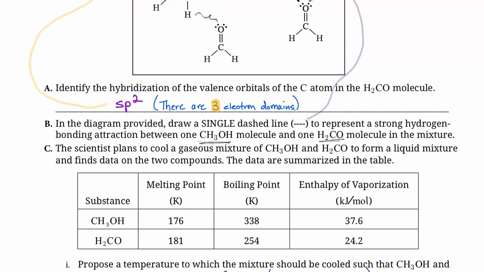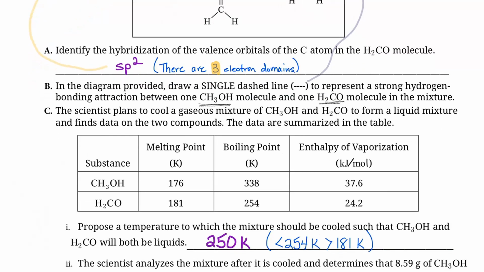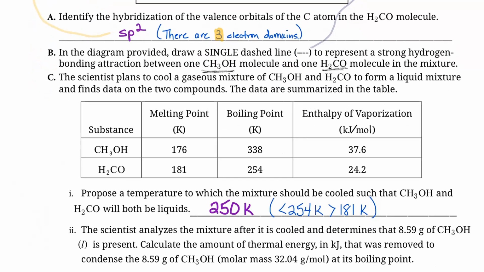C. And see, we have some physical changes going on here. This is 4C, and they gave us melting, boiling points, and enthalpy of vaporization, all physical changes. We're separating these molecules based on their attractive forces, and we can see that the boiling points are markedly different here, meaning, of course, that they have a different amount of energy needed to separate them. Notice the enthalpy of vaporization follows suit here.